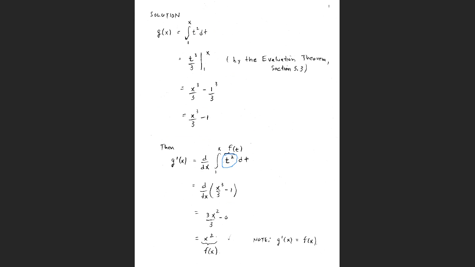That's what f of t is. And when I did the derivative of g with respect to x, I got x squared, which is f of x. So it looks like g prime of x is equal to f of x, where the function f is determined by the function under the integral sign.